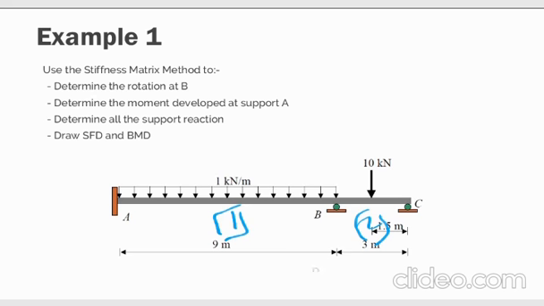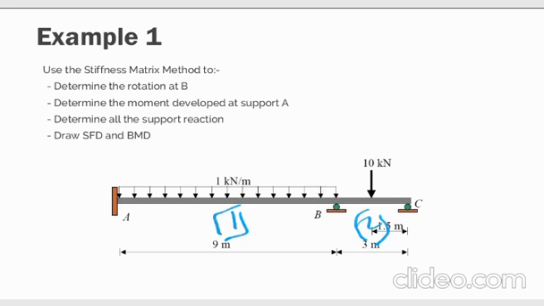We separate them because we have a support at node B, and also we have different types of loading applied on this beam.